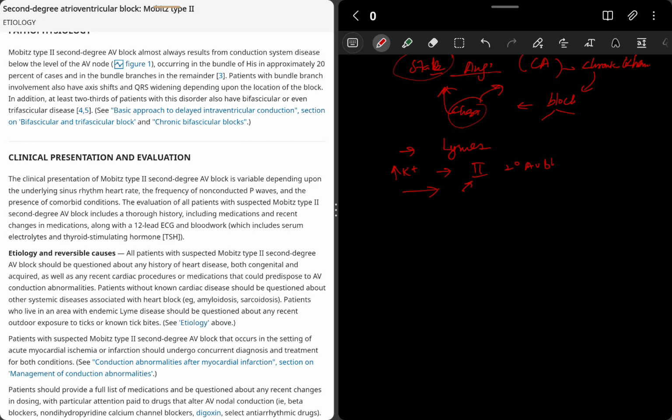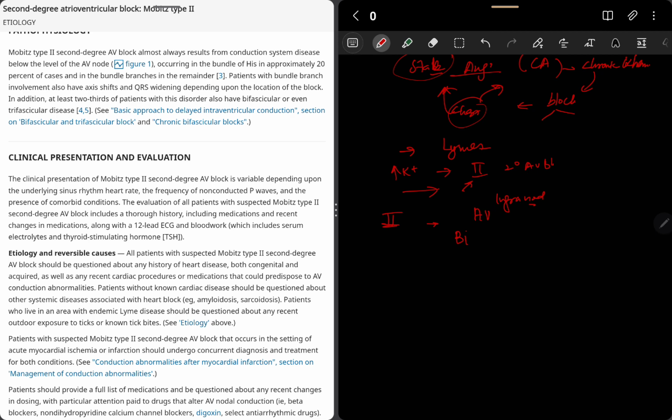This type of block, Mobitz type 2 block, usually results from conduction system disease below the level of the AV node, so infranodal origin.